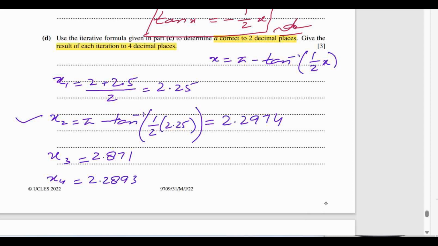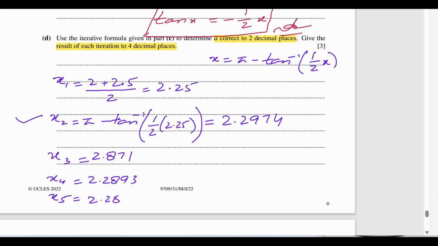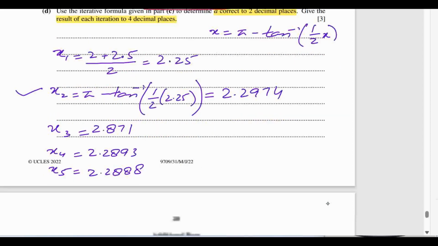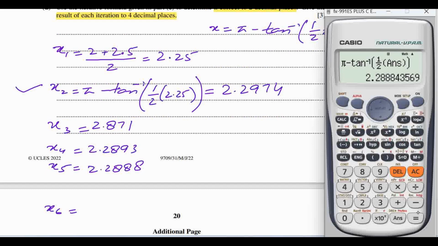What about x5? Just press equal to sign: 2.2888. Now let's find the next one, x6. Just press equal to sign: 2.2889.